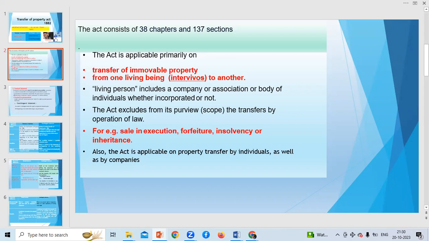The Act is applicable primarily on transfer of immovable property. This is a repetition, but I am just repeating it for the sake of knowing the Act thoroughly. And these are the basic things we should be aware of.